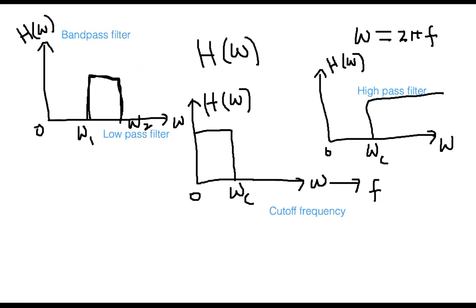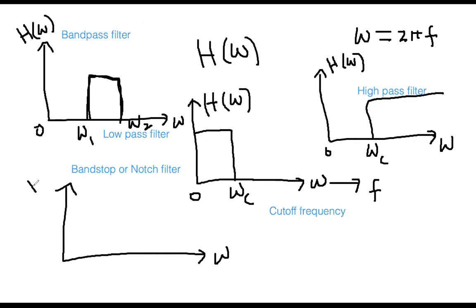And then there is another type. It is called band stop, or the notch filter. So how does that look? Look here, everybody. Again, it is omega here, and here my transfer function.